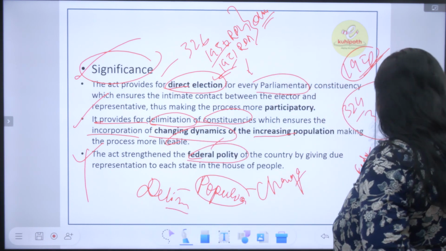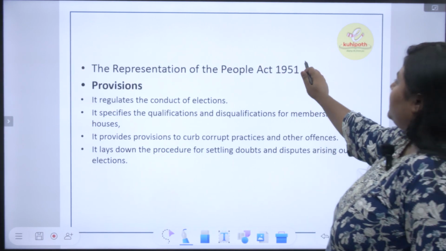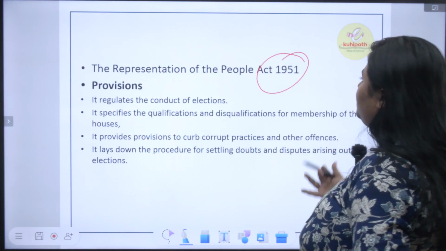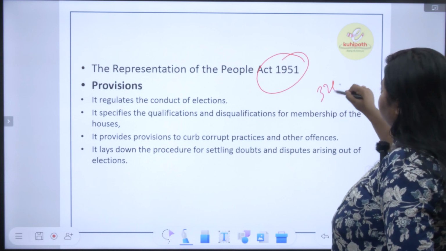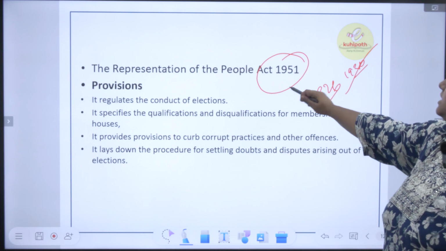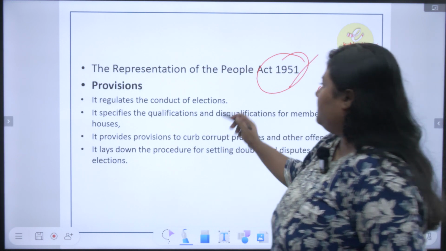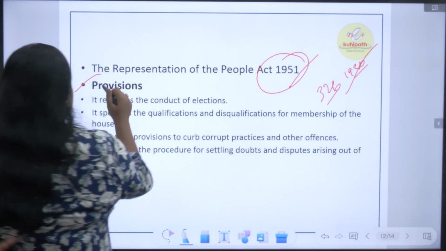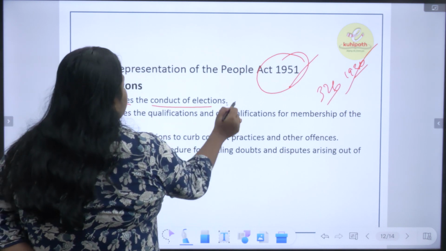Okay, so the next act that we need to talk about is the 1951 act. We learned about the 326 or the 1950 Representation of People's Act; the Representation of People's Act 1951 we will talk about now. Okay, fine. The provisions are: it regulates the conduct of elections.